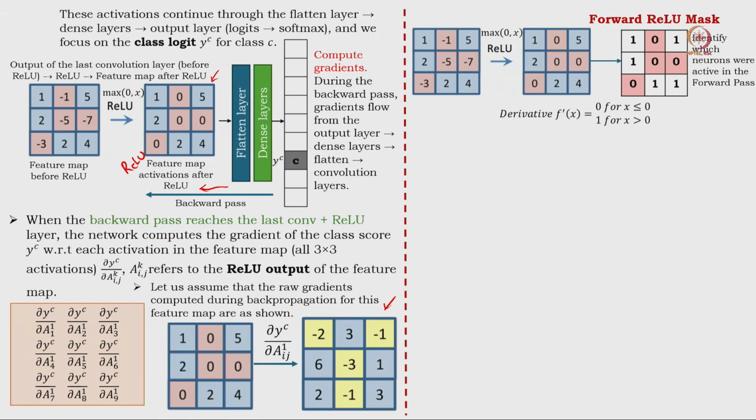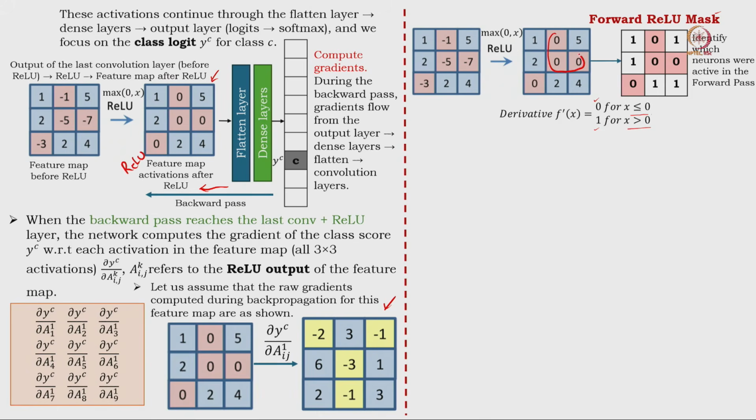Now, when there is a ReLU, during the backward pass, are we not going to compute its derivative? What is the derivative of ReLU? If the value is less than or equal to 0, it is 0. If the value is greater than 0, it is 1. So, in other words, the forward ReLU mask is nothing but the derivative of ReLU. So, what exactly is less than or equal to 0?